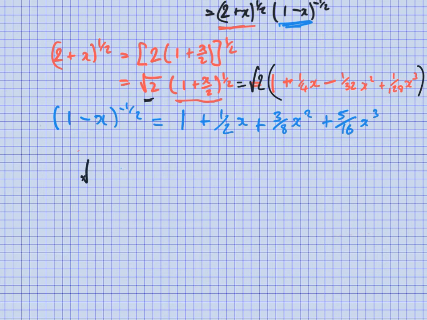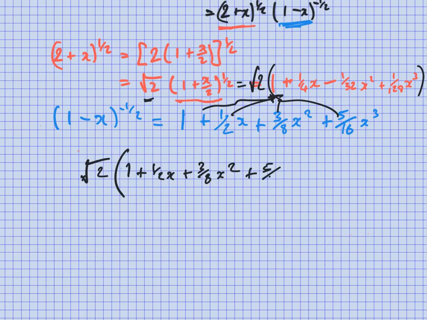So I'm going to take the root 2 and put that there first. And now I'm going to do 1 times every term here. So that will give me 1 plus a half x plus 3/8 x squared plus 5/16 x cubed. So now I'm going to take the quarter x and times that through by each term.